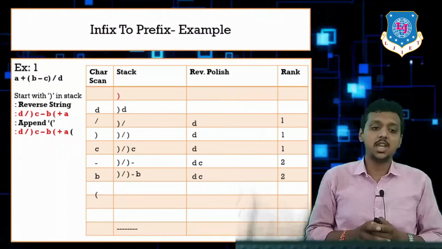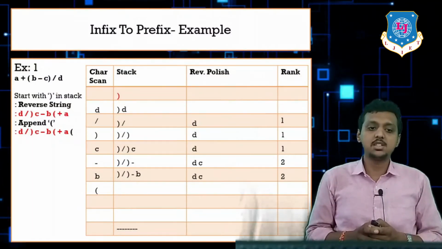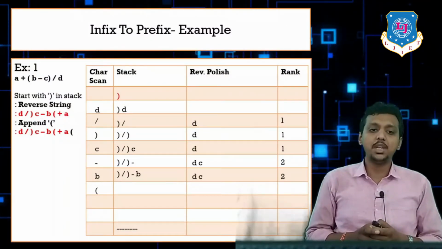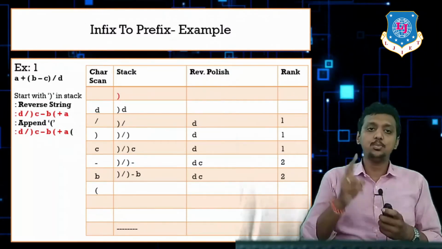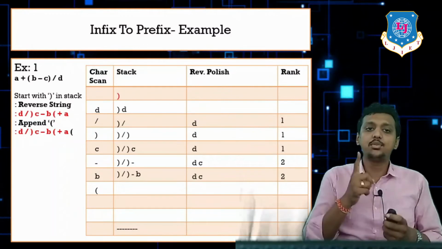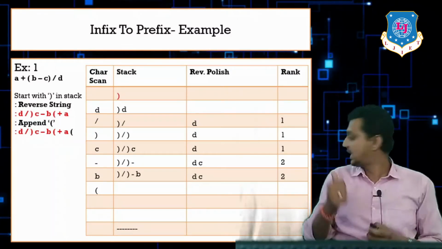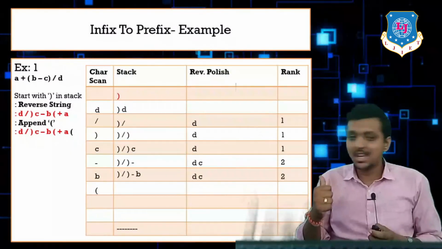Now, next we have the opening bracket. So what happens? Obviously, when you get the opening bracket, you just need to pop out every element from the stack until you get the first closing bracket. So here we can see B, minus and then the closing.